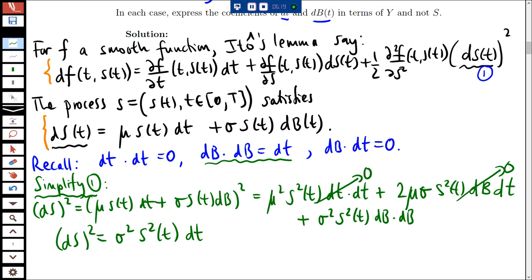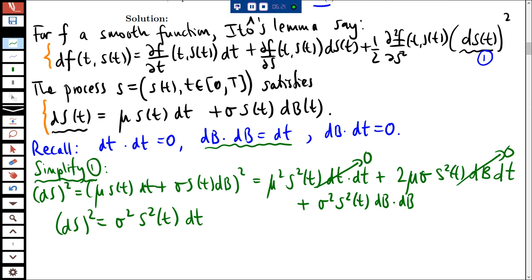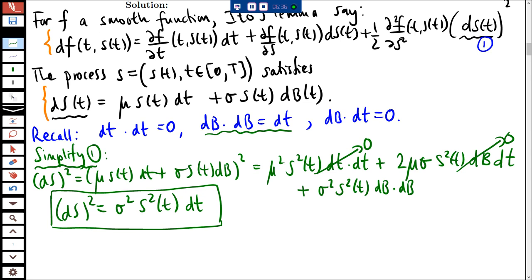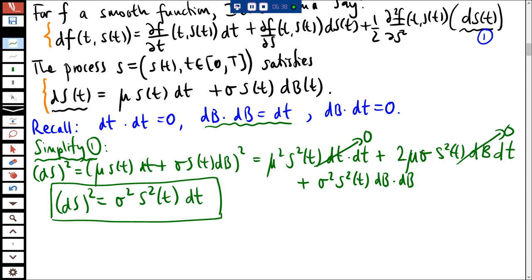So actually we needed all of those properties in blue. Okay, so we've now simplified 1, so we can drop it into the first equation and simplify. So let's do that next.